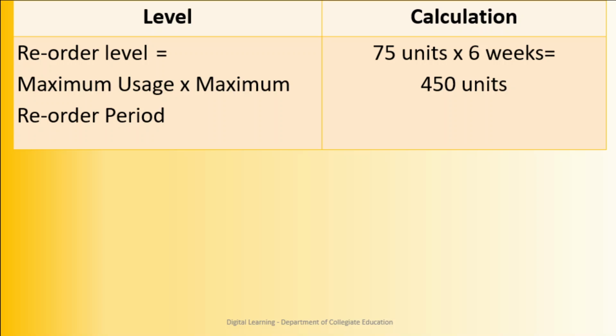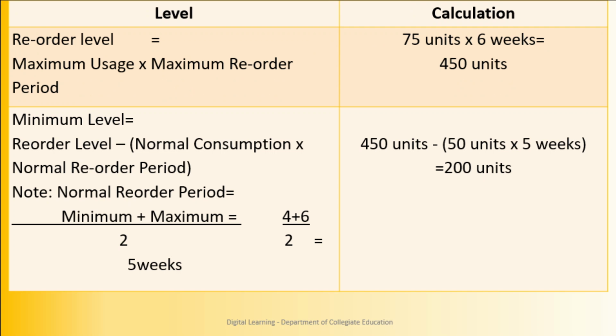Maximum usage is 75 units into maximum reorder period. Now please note in the problem reorder period is given 4 to 6 weeks. So 4 is the minimum reorder period, 6 is the maximum reorder period. So 75 into 6 weeks, the reorder level is 450 units.